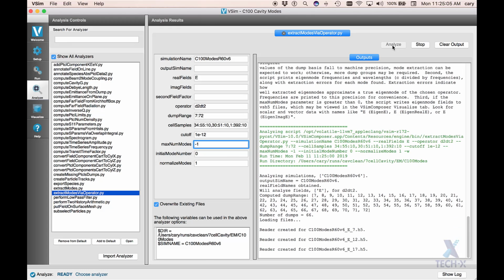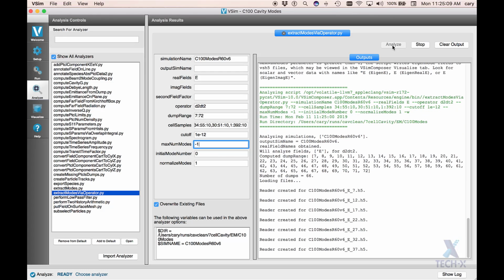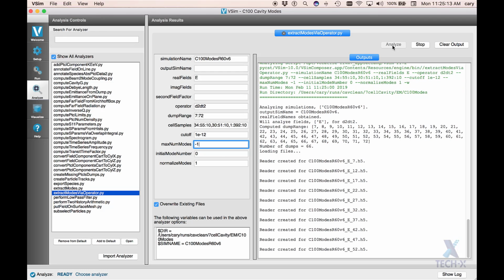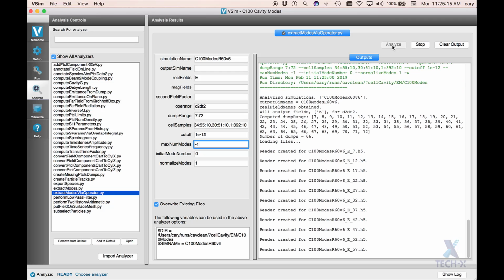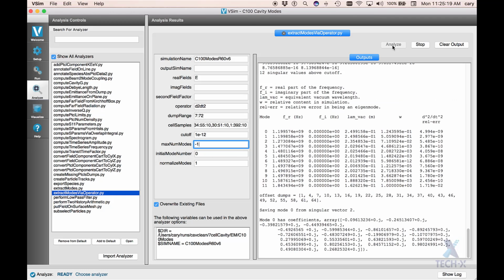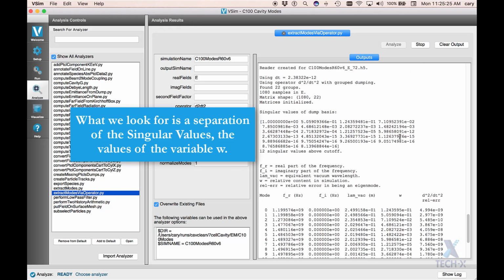One can see at this point that the analyzer is now reading in all of those dumps. This takes a few moments. And then it very quickly calculates the frequencies. But first, let's look at the singular values.